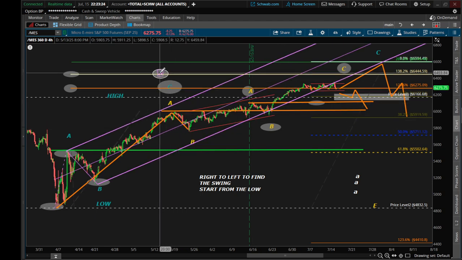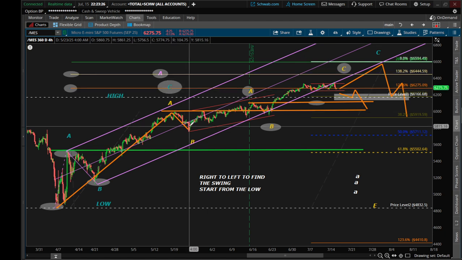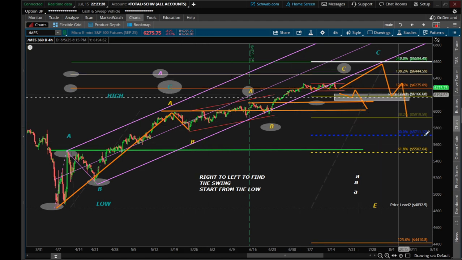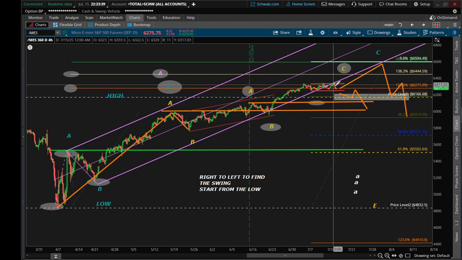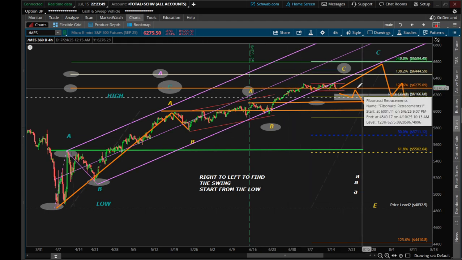So maybe on this primary A, this is going to be an A, B, C, D, E. Maybe this plays out to be some kind of triangle pattern. Okay, so yeah, let me think. Because on this alternate count, we are using this 123.6 as support.